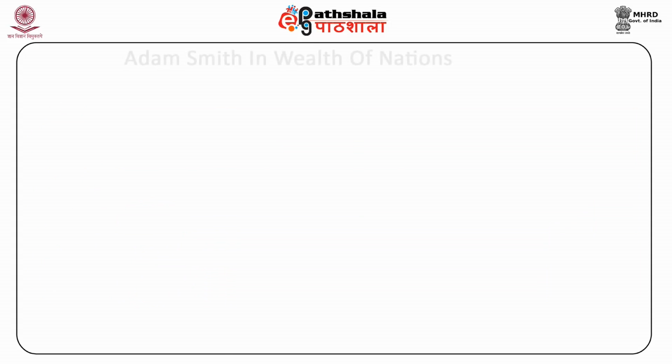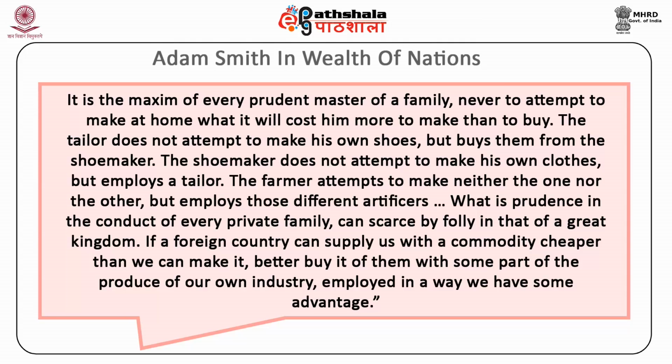Adam Smith, in his book Wealth of Nations, explains the importance of trade in the following abstract. It is the maxim of every prudent master of a family never to attempt to make at home what it will cost him more to make than to buy. The tailor does not attempt to make his own shoes, but buys them from the shoemaker.